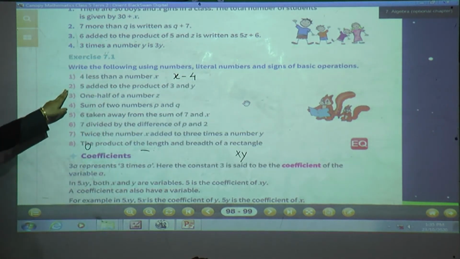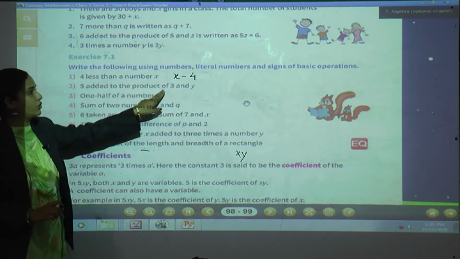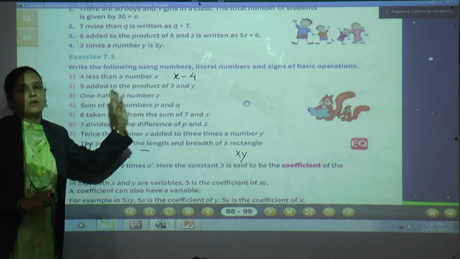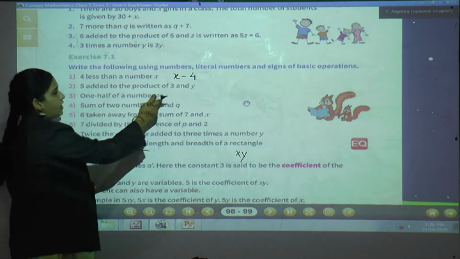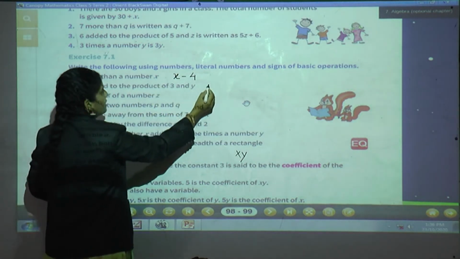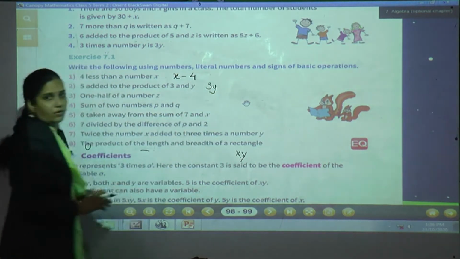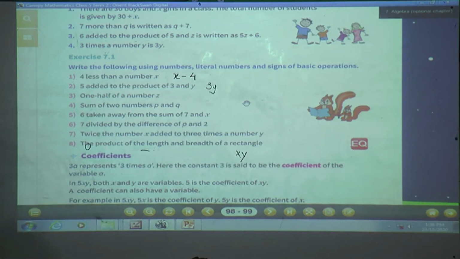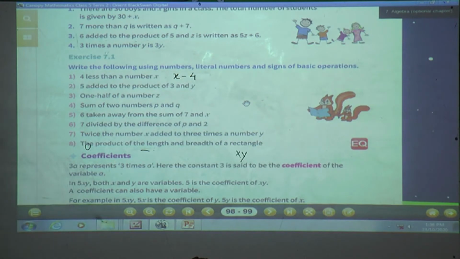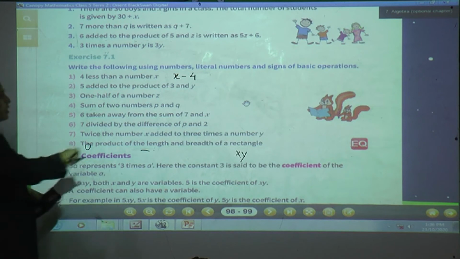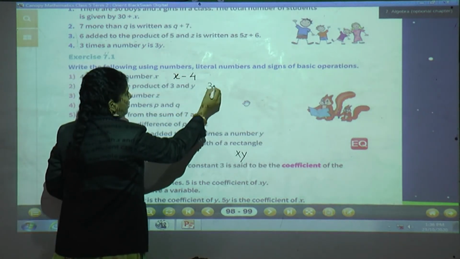Now the second one, 5 added to the product of 3 and y. Product means multiplication, so the product of 3 and y is 3y. In algebra we omit the multiplication sign, so I can write 3y.